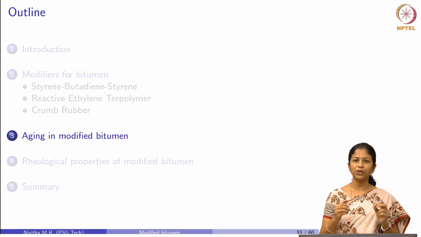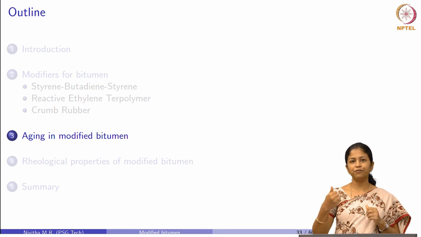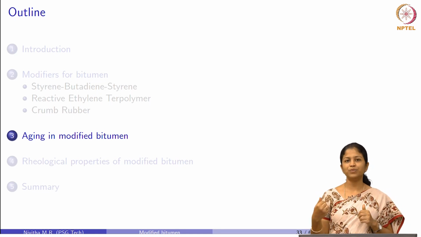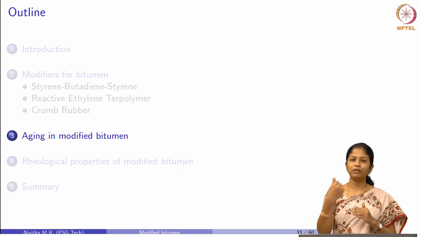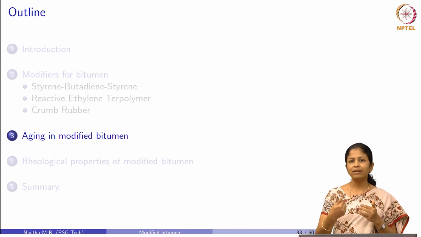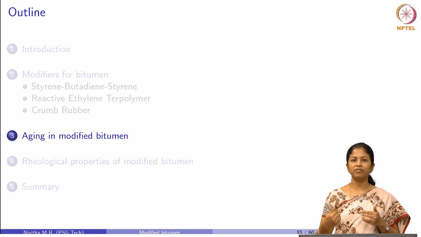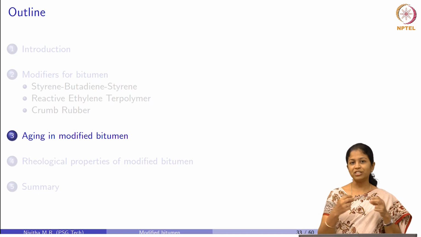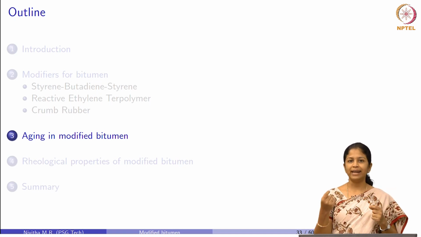This is mostly due to the diffusion process, diffusion of lighter fractions present in bitumen into the modifiers. So we need to provide a sufficient amount of time for this diffusion process to occur. That is why for most elastomer based modifiers like SBS and crumb rubber, we need to provide a digestion time. This is called the digestion time, or time to develop interactions.